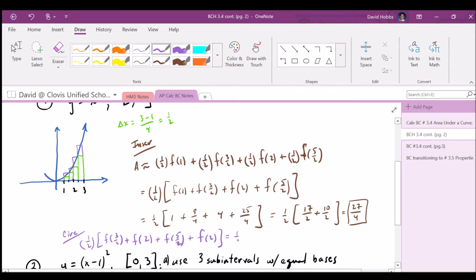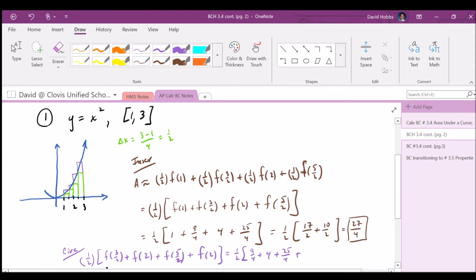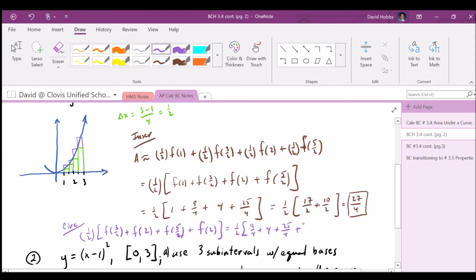So I have 1/2 times 9/4 plus 4 plus 25/4 plus, if I input a 3, I get 9.